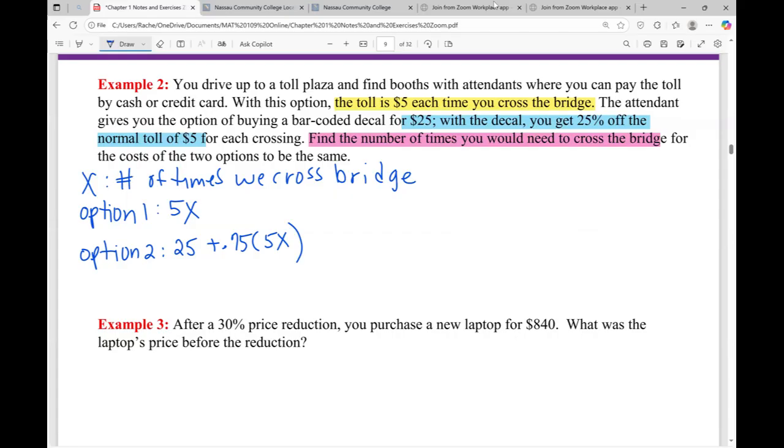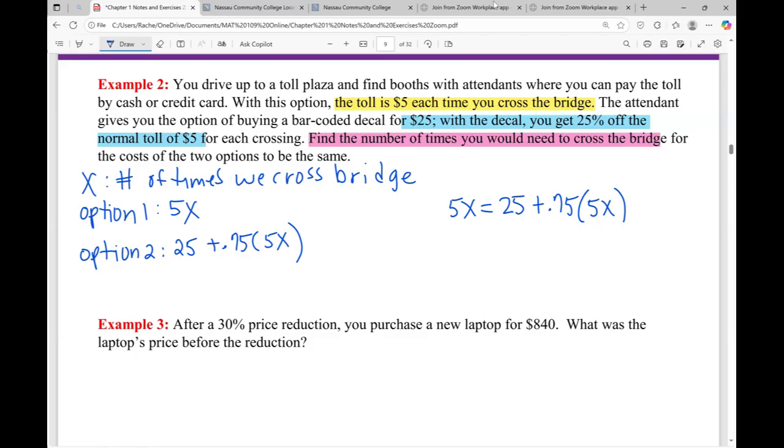So we need to set these two options equal to one another. So when would 5x be equal to 25 plus 0.75 times 5 times x, right? Because with the option on the left that I'm circling, we pay $5 every time we cross the bridge, so 5x.